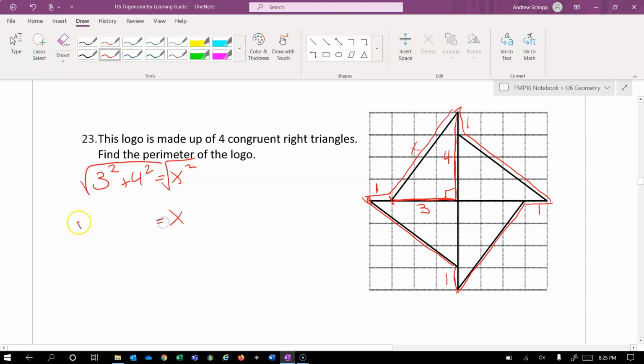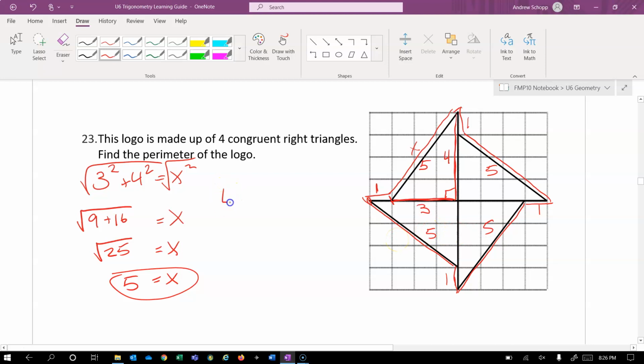X must be equal to the square root of 3 squared, which is 9, plus 4 squared, which is 16, and x is equal to the square root of 25. And one step further, the square root of 25 is 5.